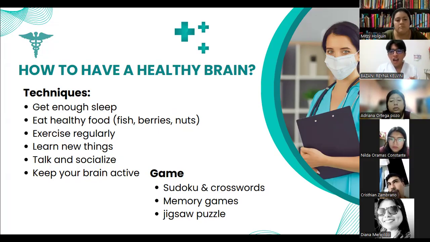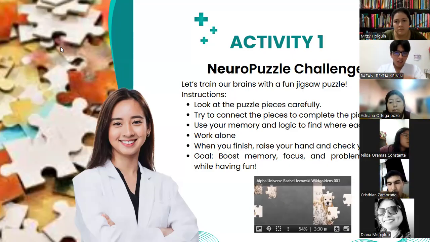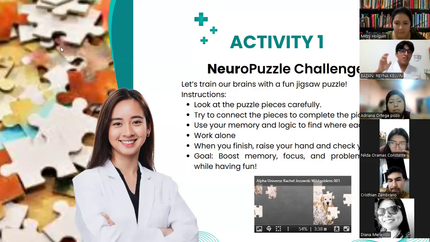That's why we are going to do an activity, and this activity is the neuro puzzle challenge. How can we do this activity? I'm going to share a link. I hope you open your link now, please. The first person to finish the puzzle has to raise your hand and tell me, I finished. What is the goal of this activity?